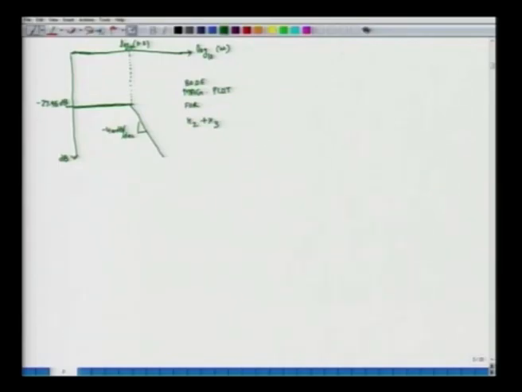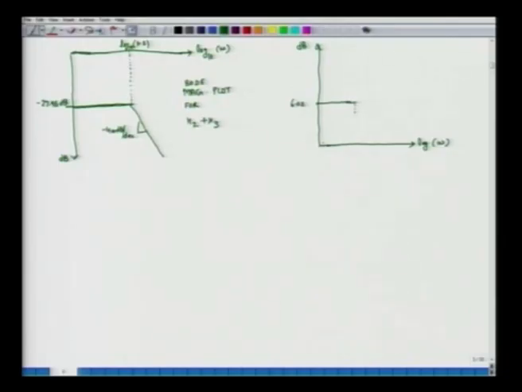And then we had constructed a Bode magnitude plot for H1, and the low frequency asymptote was again a horizontal line with a y intercept of 6.02 decibels.